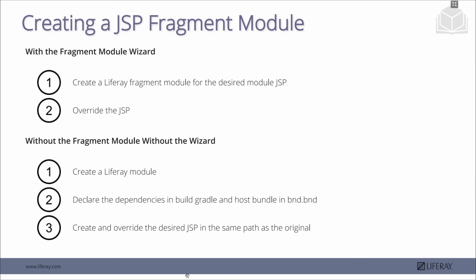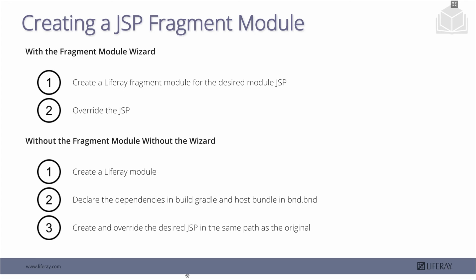When we're creating a fragment using Liferay Developer Studio, we actually have a wizard that helps us create the fragment. By using the wizard, it's really straightforward. All we do is basically say, hey, Liferay wizard, the module that I want to override is this. Once you select the module, it'll give you a list of JSPs that you can override, and then you just pick it.